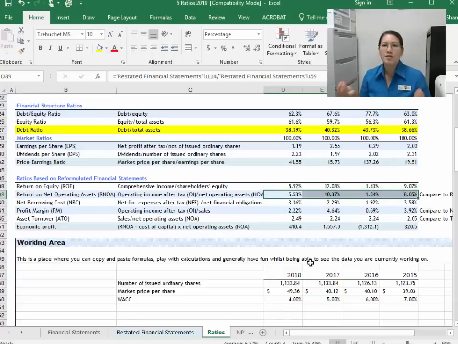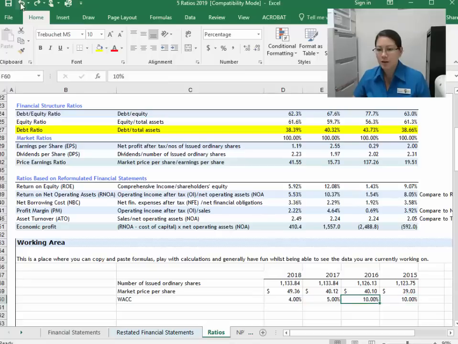So it's basically saying what percentage am I earning greater than my cost of capital, and then timesing that percentage figure by my net operating assets as a dollar figure, just to get my dollar value profit, essentially. So always think yourself through the actual formula. I don't need to. I'm just going to use 10%.